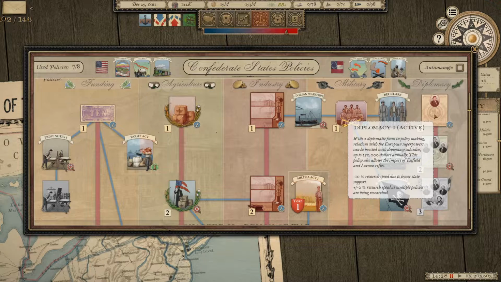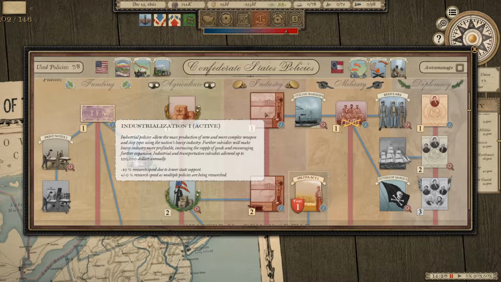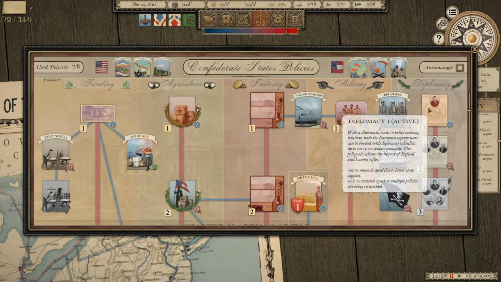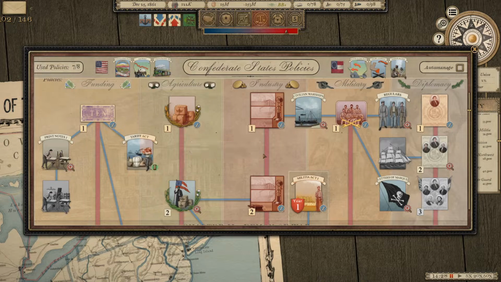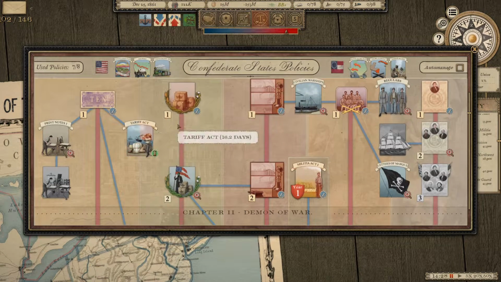If you took my advice and took arms agents, I would say rush through Industry 1 as soon as you can. That will enable you to produce Springfield rifled muskets, and then you might want to think about supplementing it with Diplomacy 1 or Industry 2. Military 1's not bad as well. It's usually at about those times.